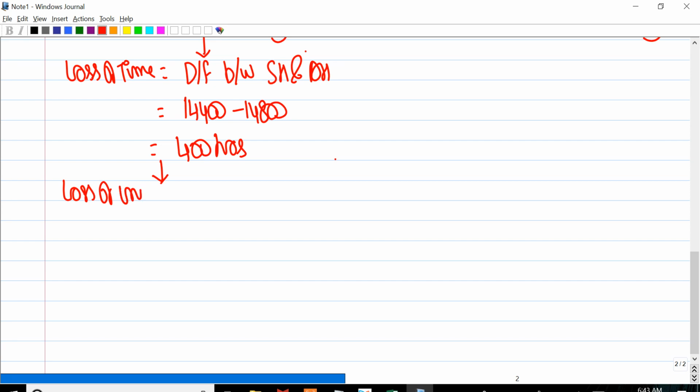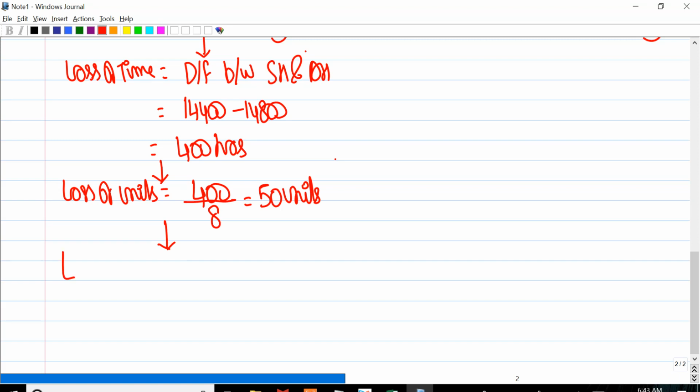Loss of units equal to, 1 unit takes how many hours? 8. 50 units.